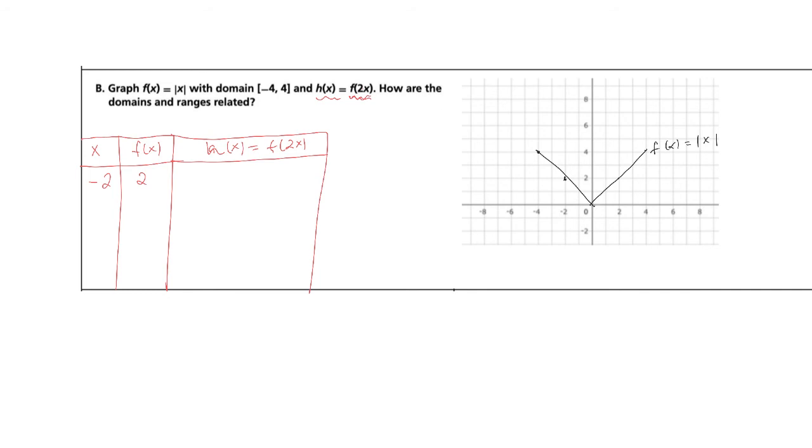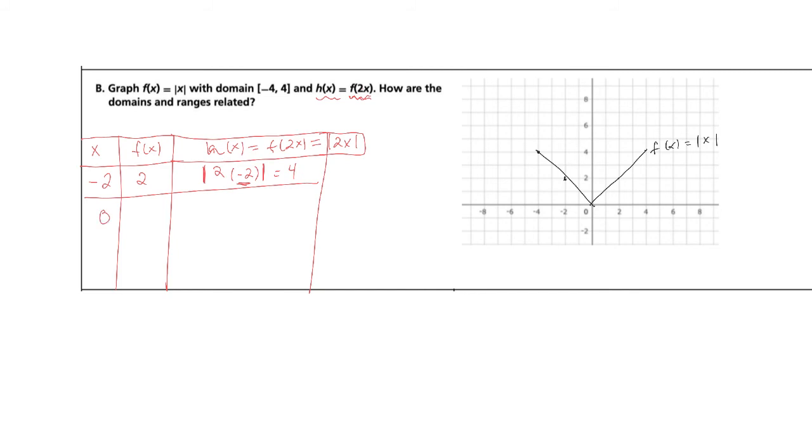So our h of x is the absolute value of 2 times -2, so the absolute value of -4 is 4. Because remember f of x is the absolute value of x, so technically we're doing the absolute value of 2x. That's what we're solving for, and when x is -2, that's what we're plugging in here.